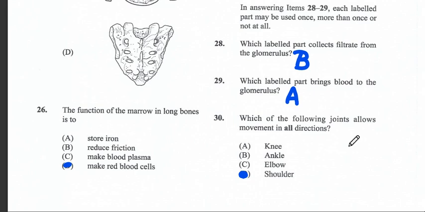Our elbow cannot move in as many directions as we want, because we could not flex our elbow way backward, as our elbow would get broken. But our shoulder can go in any direction we want. So the best answer here for number 30 would be the shoulder.